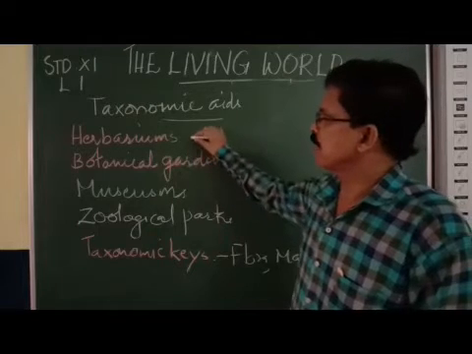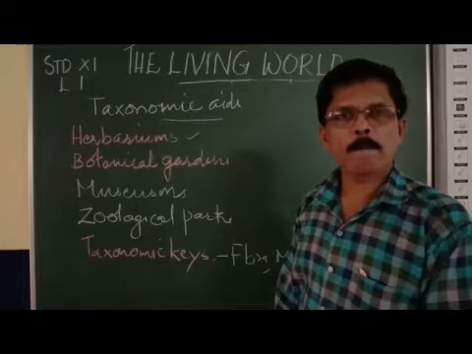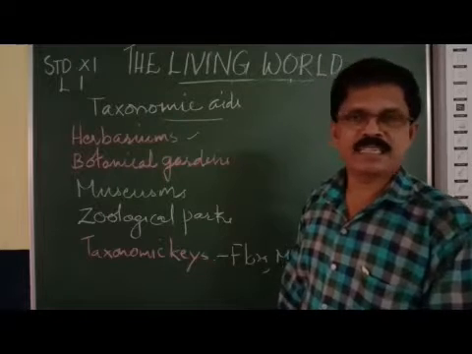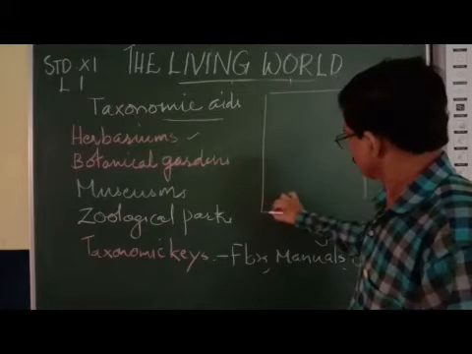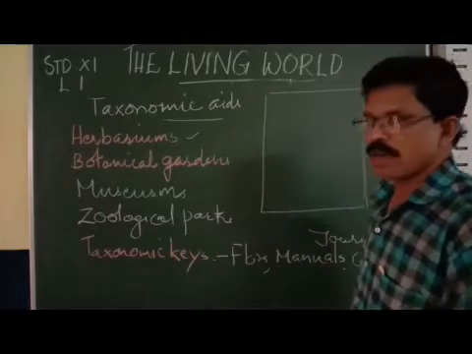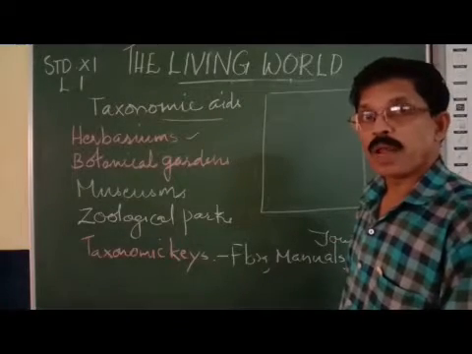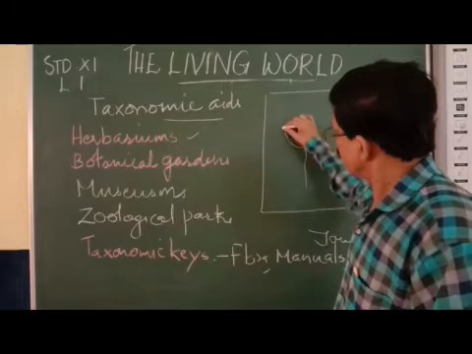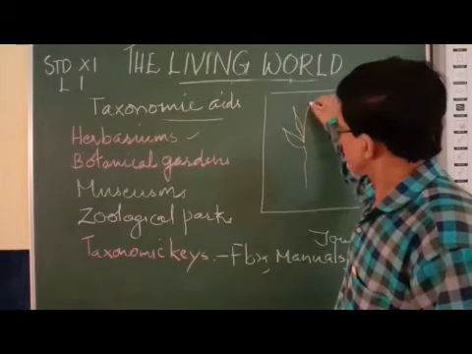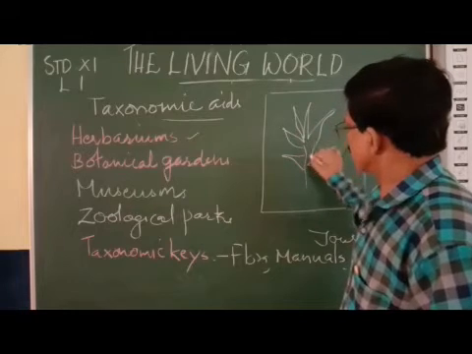Okay, right. So let's now come to the procedures and techniques and specimens which we consider as taxonomic aids. First one is herbariums. Herbariums are the sheets of paper which contain the dried specimens of plants which are dried, pressed and pasted.